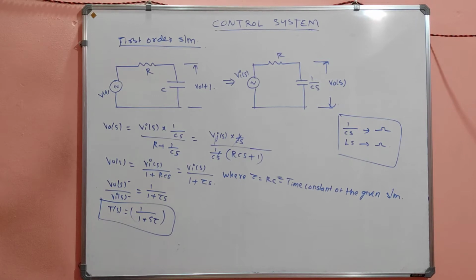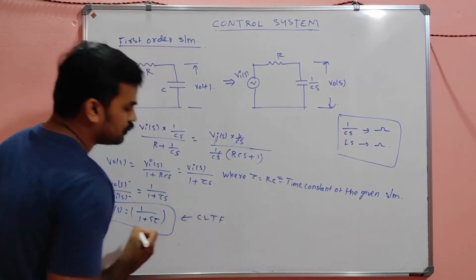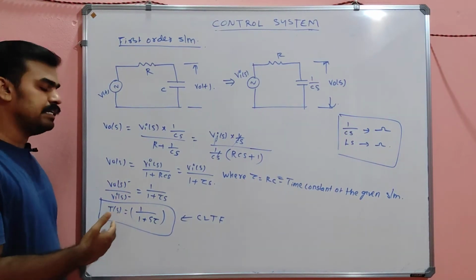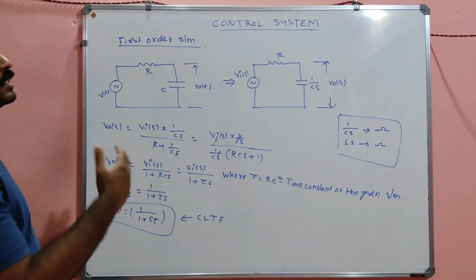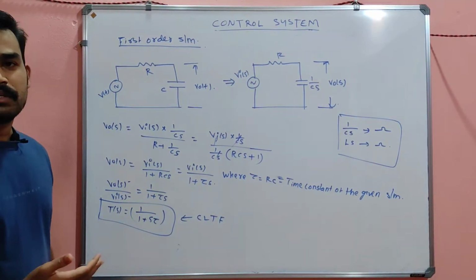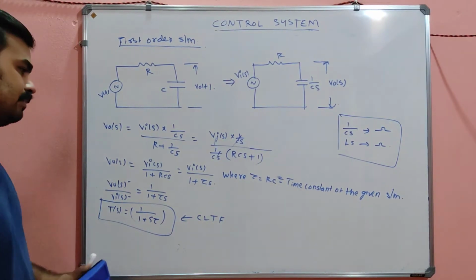Now you have the transfer function. This is called the closed loop transfer function of a first order system. Now we are going to check what will be the nature of the output when we give a step input, an impulse input, a ramp input, etc. Let's learn that.